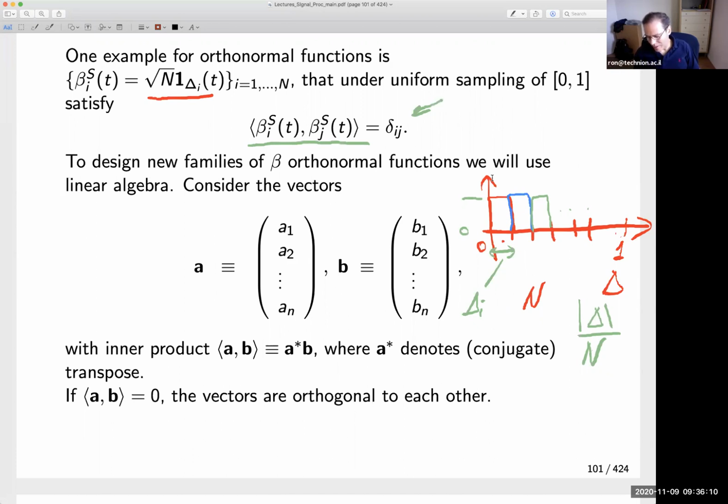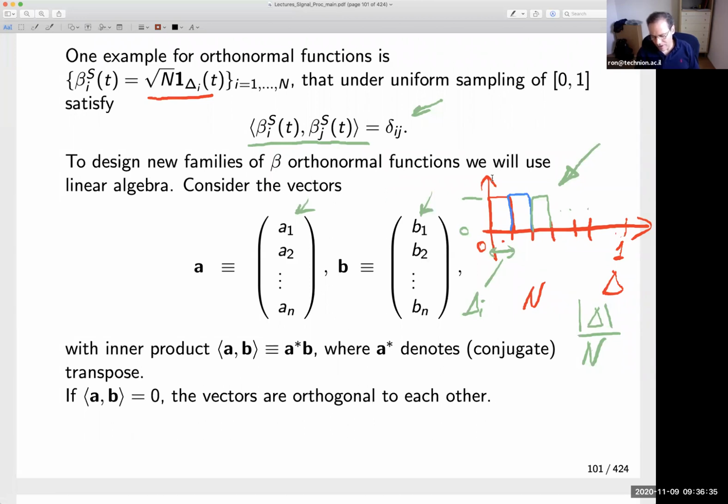What we can do now is, with this kind of piecewise constant functions, we can build other types of piecewise constant functions. In a moment, we will see how. In order to do so, let me first of all remind you of what the inner product between two vectors is. Assume that I have two vectors, this is vector A and this is vector B. Each one has n components.